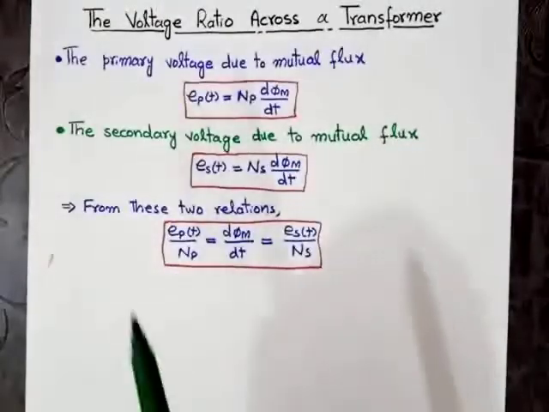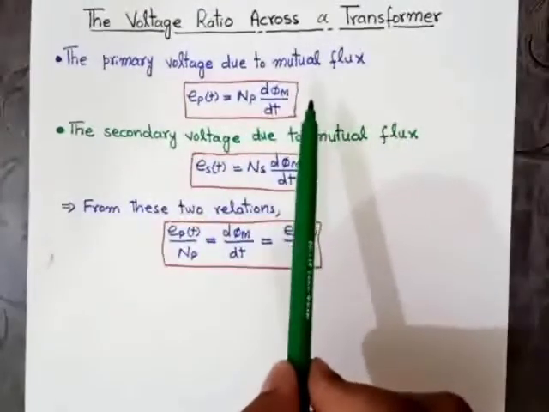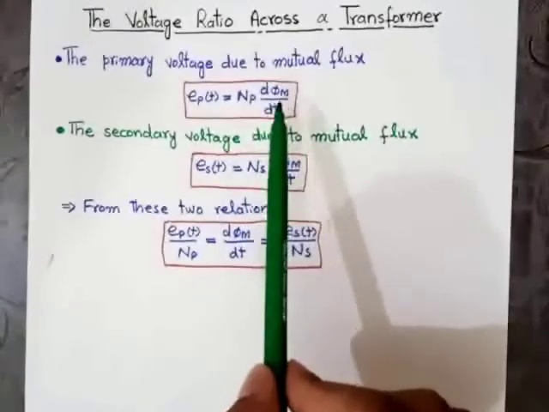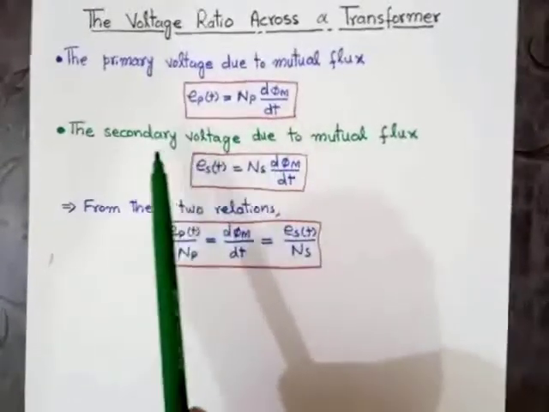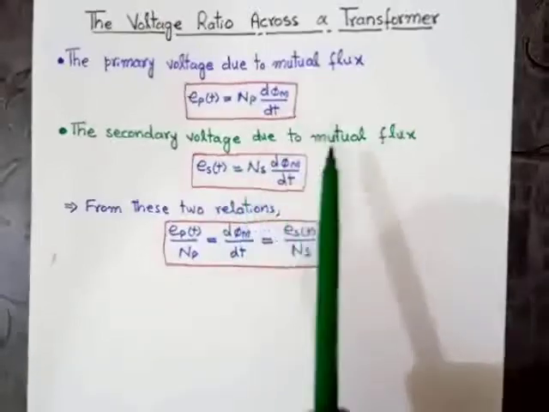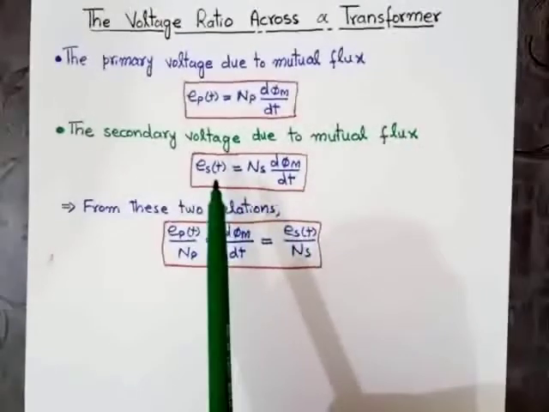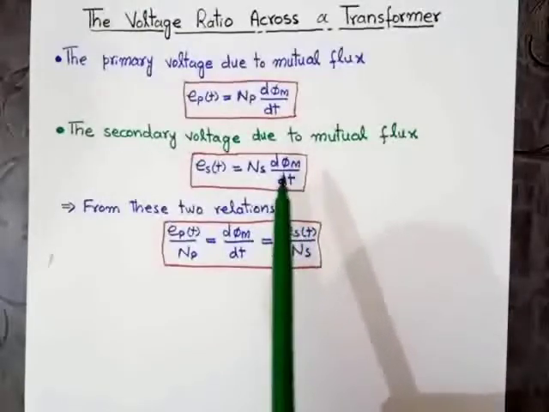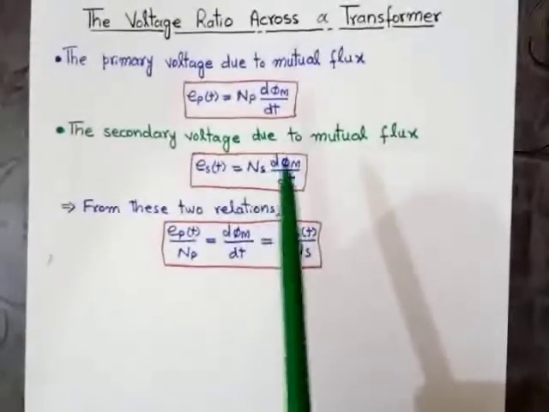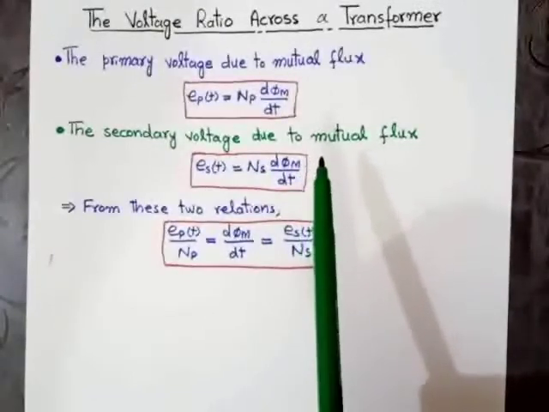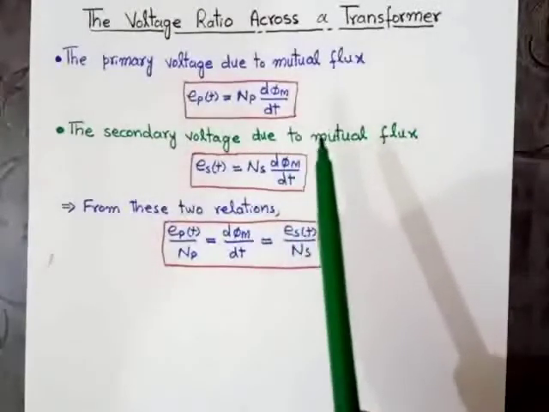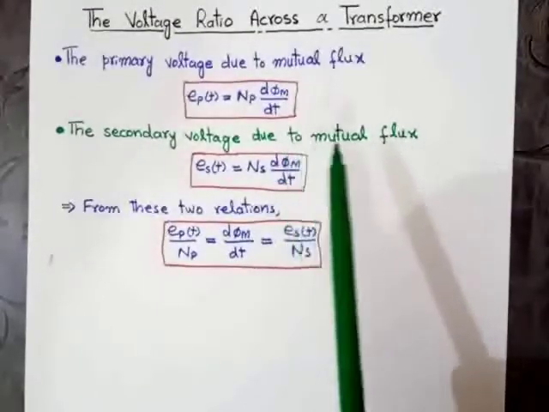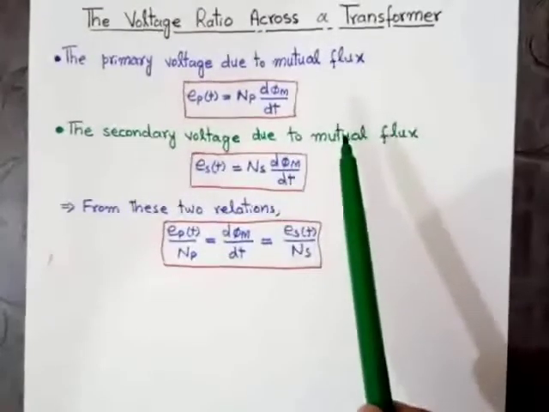So the primary voltage due to mutual flux, as we have already derived, Ept is equal to Np dφm/dt, and the secondary voltage due to mutual flux, Est, is equal to Ns dφm/dt. We will not use the leakage flux equation, because in case of leakage flux no voltage is induced, since the leakage flux is the flux which breaks out of the core.